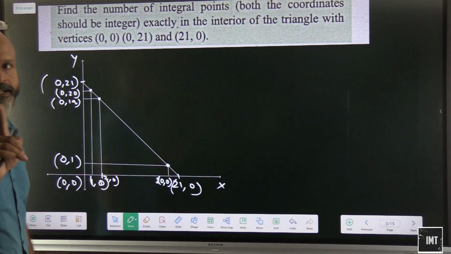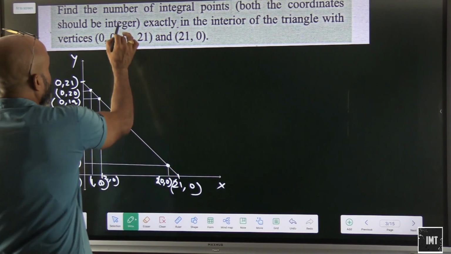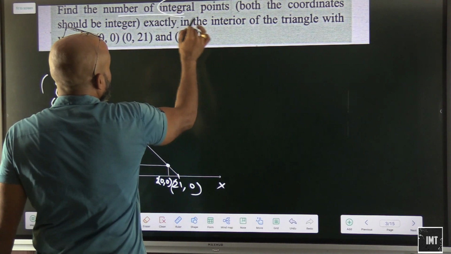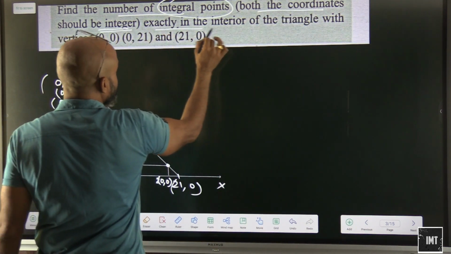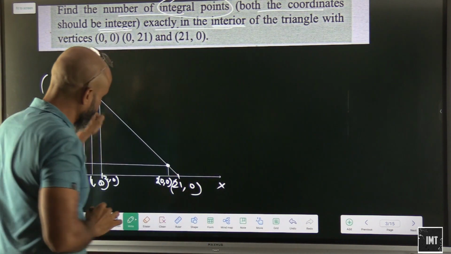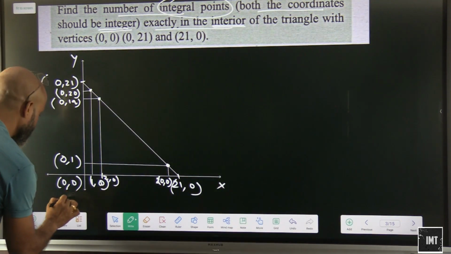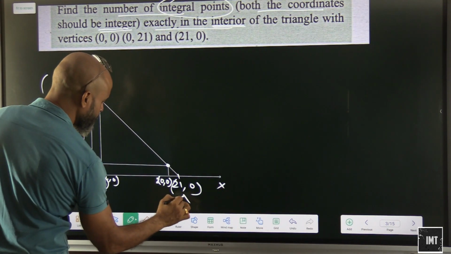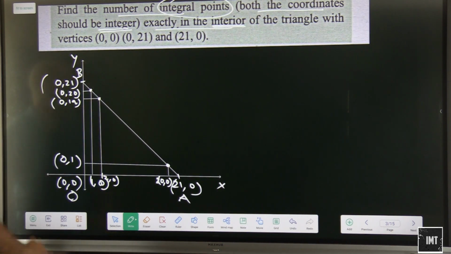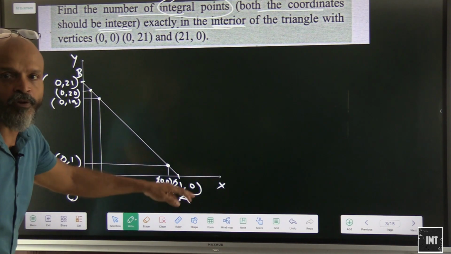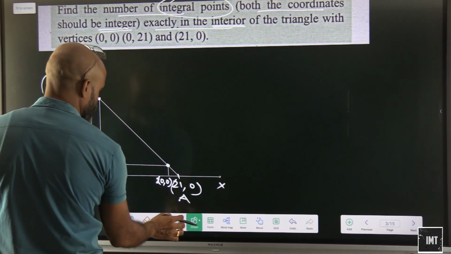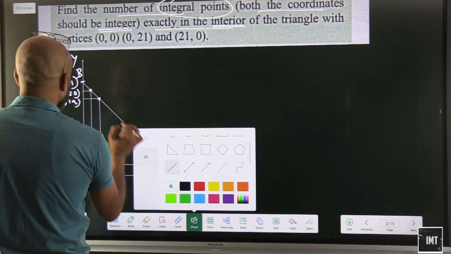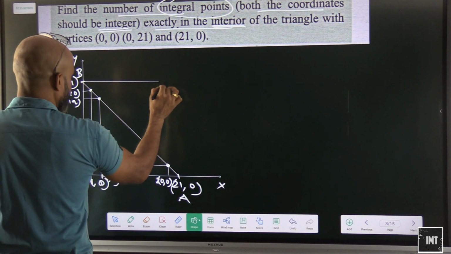We have to exclude these points, because the number of integral points, both coordinates integers, should be exactly in the interior. Let's say I name this as O, this as A, and this as B. Now I construct a square, and I'll tell you why.